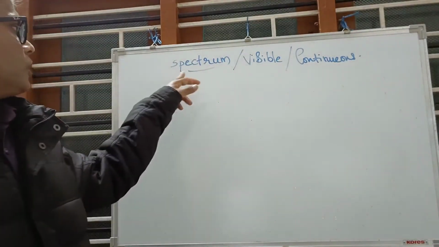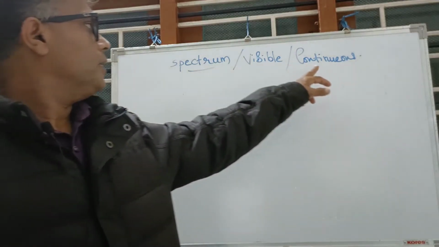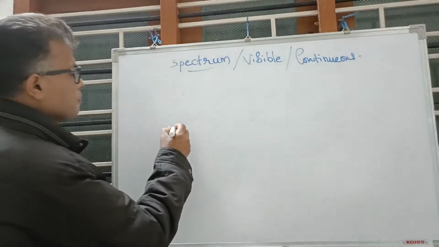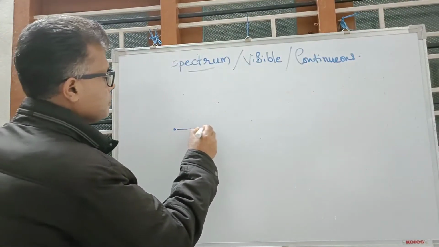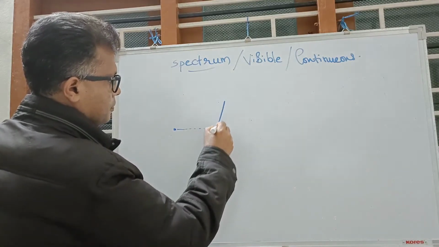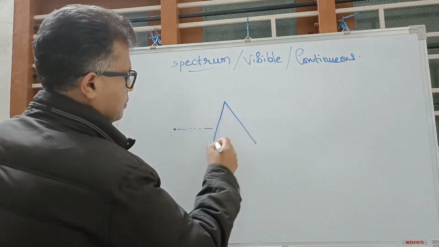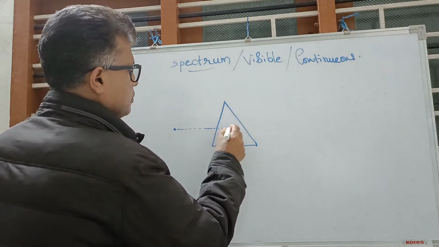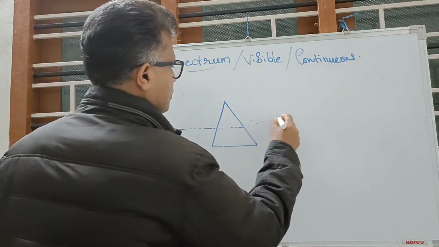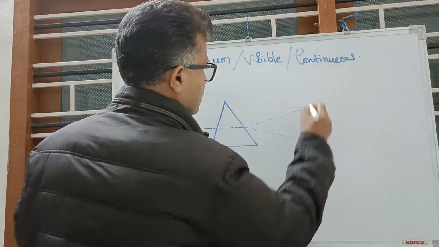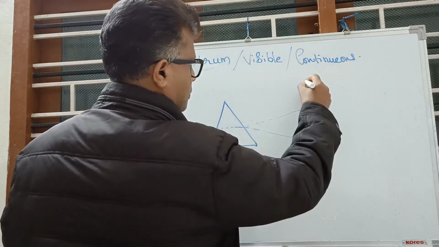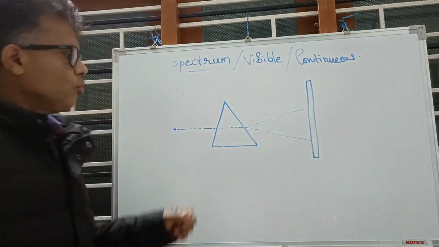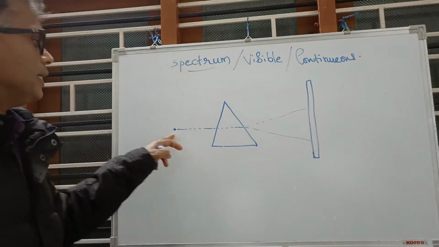We are studying a spectrum which is visible and it is a continuous spectrum. Okay, we'll just read this one. So this is a white light source, white light.